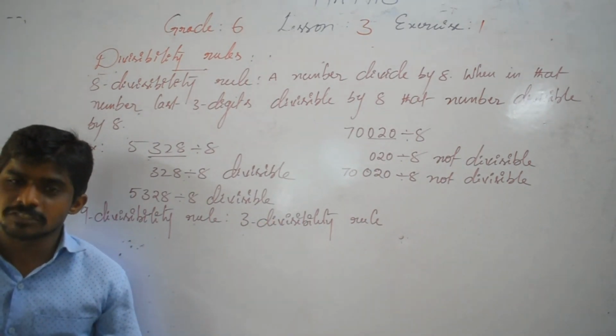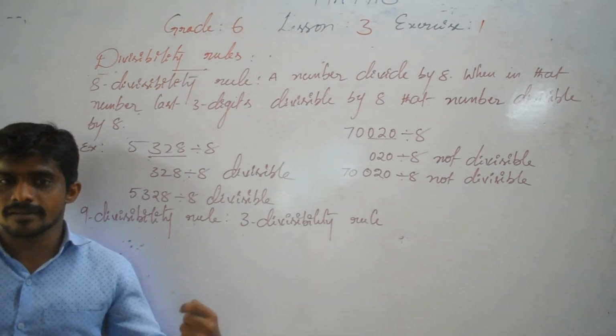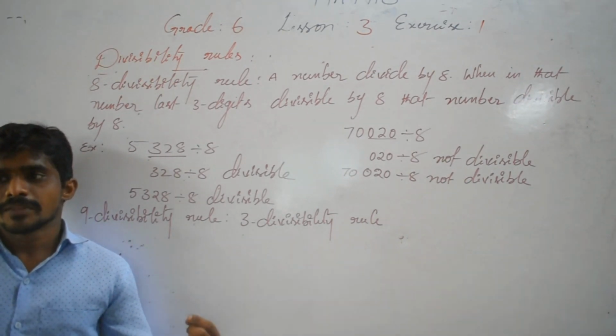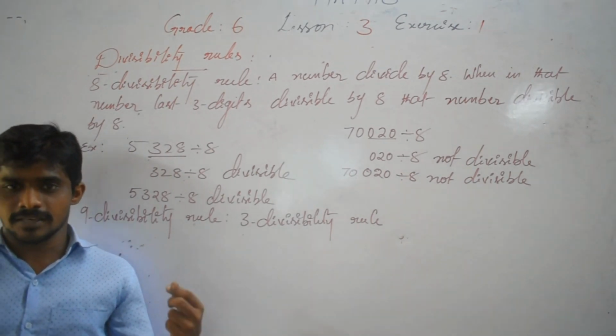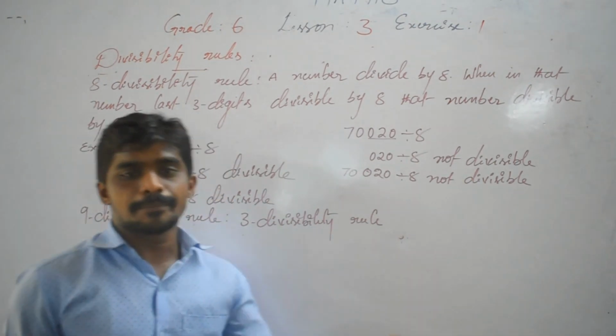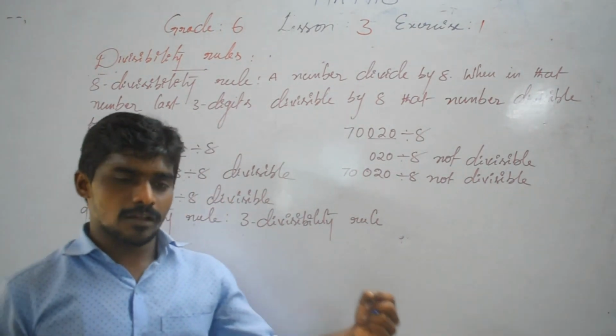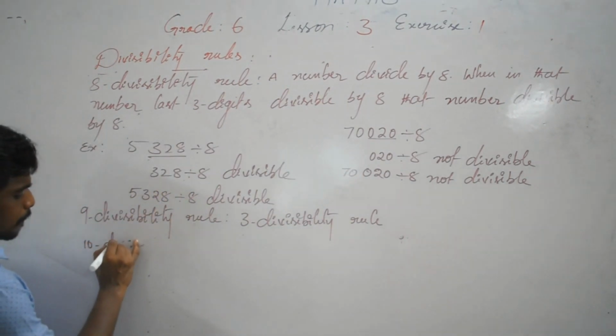What is the 3 divisibility rule? A number is divisible by 3 when the sum of all the digits in that number is divisible by 3; here, if the sum is divisible by 9, that number is also divisible by 9. Now the 10 divisibility rule.